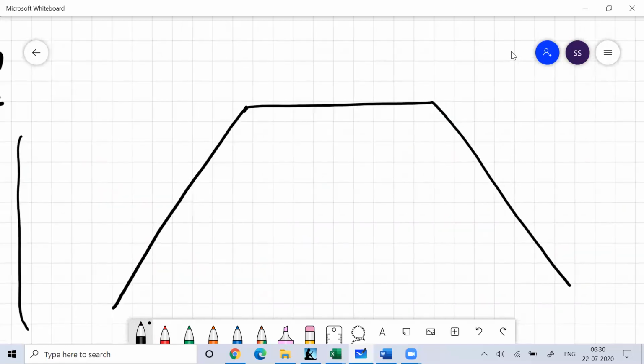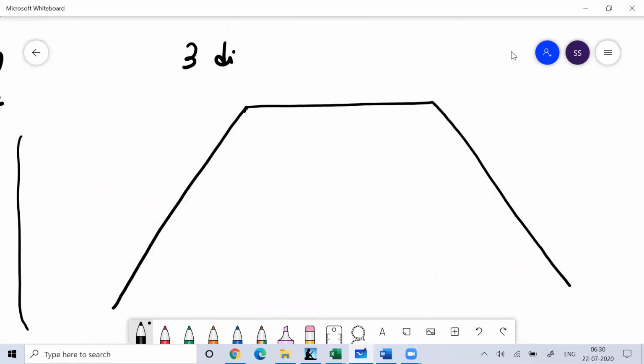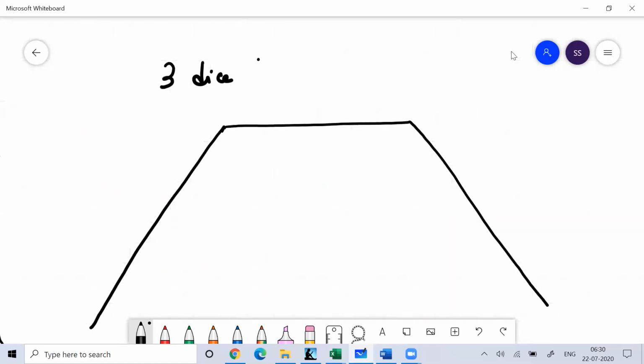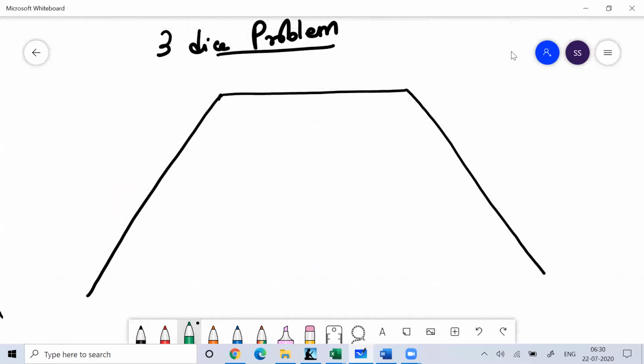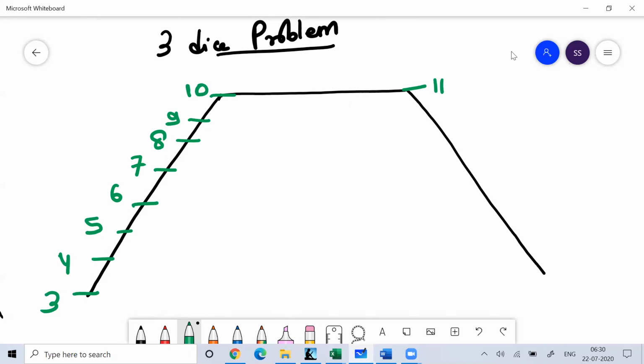For the sum value, the minimum sum will be 3, and it can be 4, 5, 6, 7, 8, 9, 10, 11, 12, 13, 14, 15, 16, 17, 18.